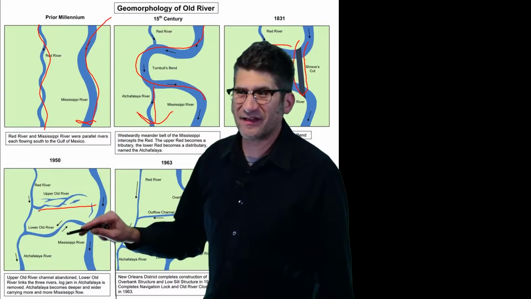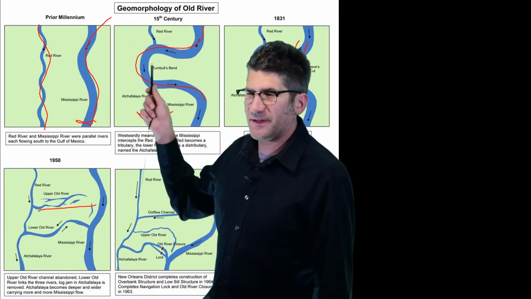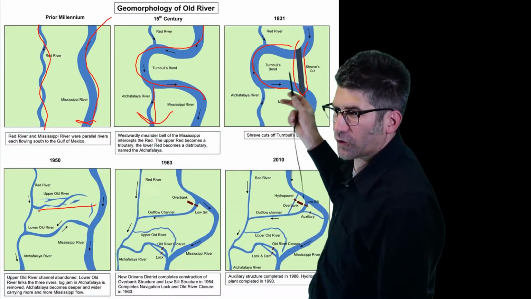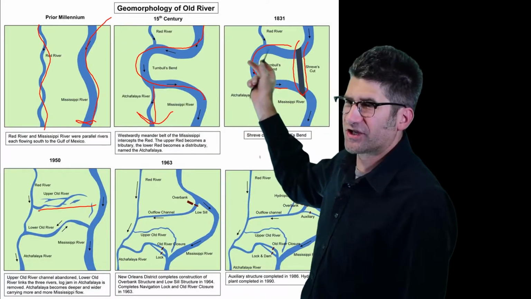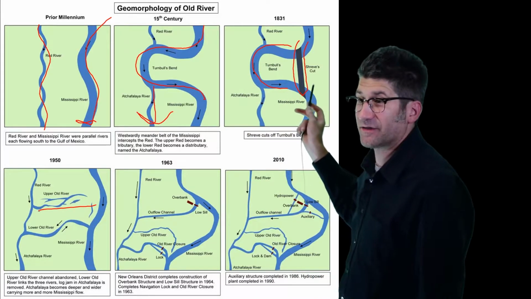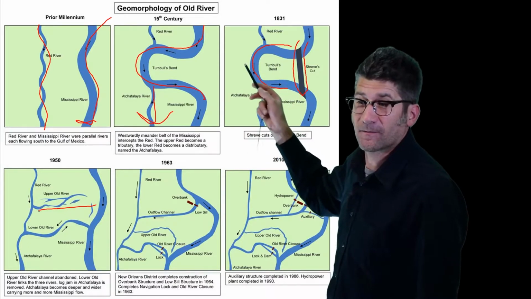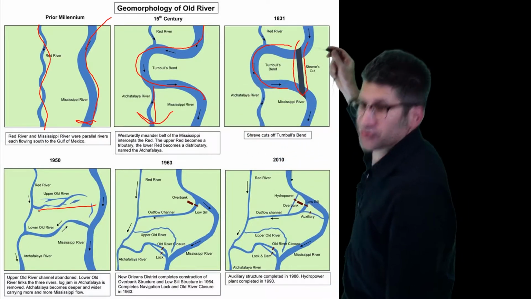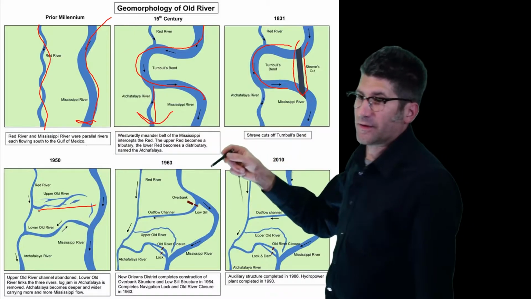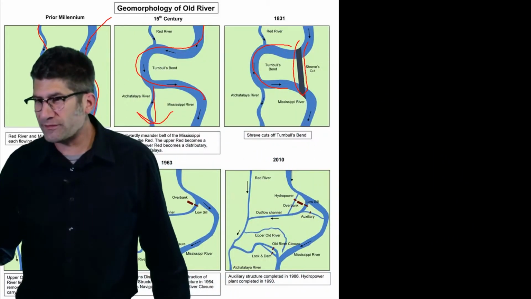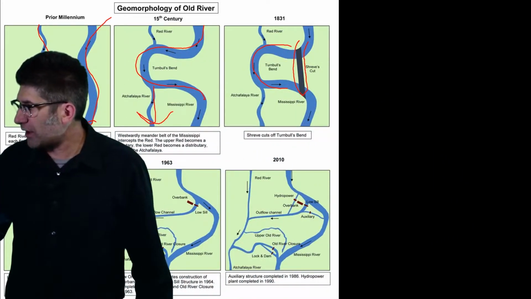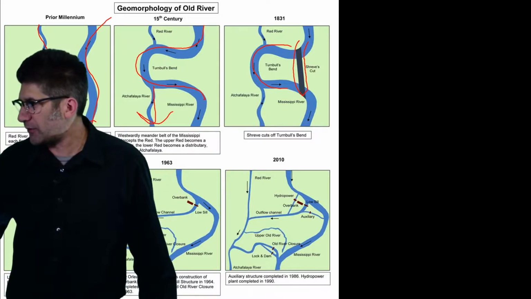So does this make sense where the names come from now? It's because previously, before Shreve's Cut, the Old River channel had this big bend in it, this big bend right here, okay? And so as we cut that meander neck, then we end up with essentially these old meander scars.